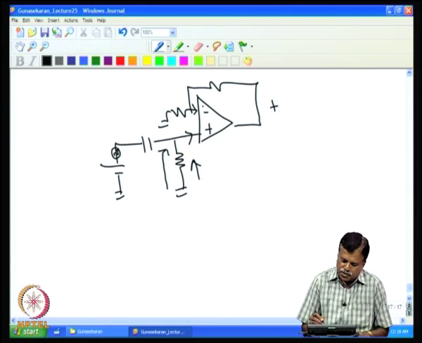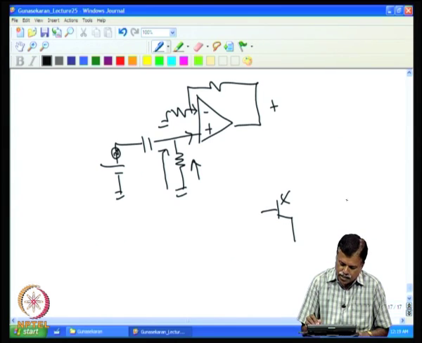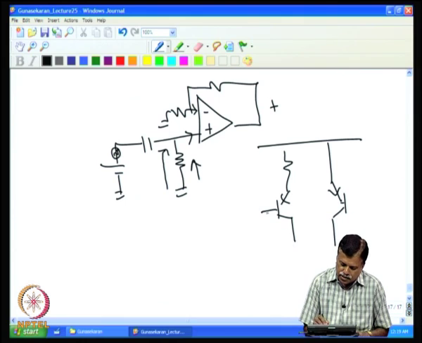If the input is a PNP transistor, then the bias current will always be flowing out. For example, the LM324 has this kind of configuration, where the input stage is a PNP transistor. In that case, the bias current is flowing out.